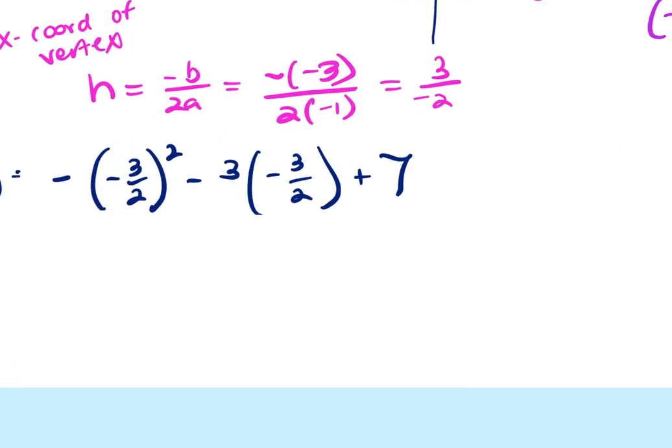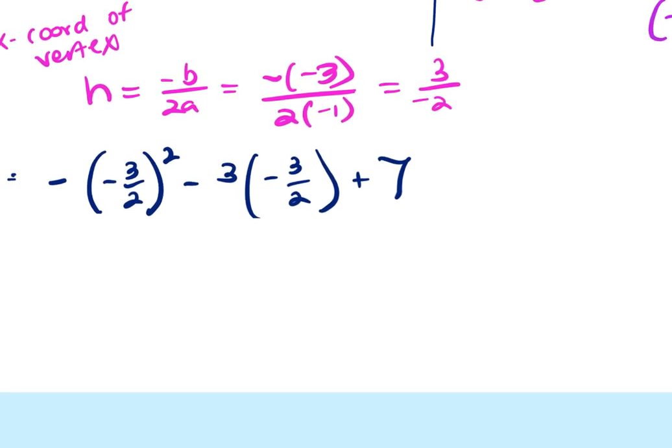I take care of my exponent first, so negative 3 halves times negative 3 halves is positive 9/4, but that negative is still on the front. I can multiply out negative 3 over 1 and negative 3 over 2, and I get positive 9 halves plus 7. That negative on the front makes this negative 9/4.